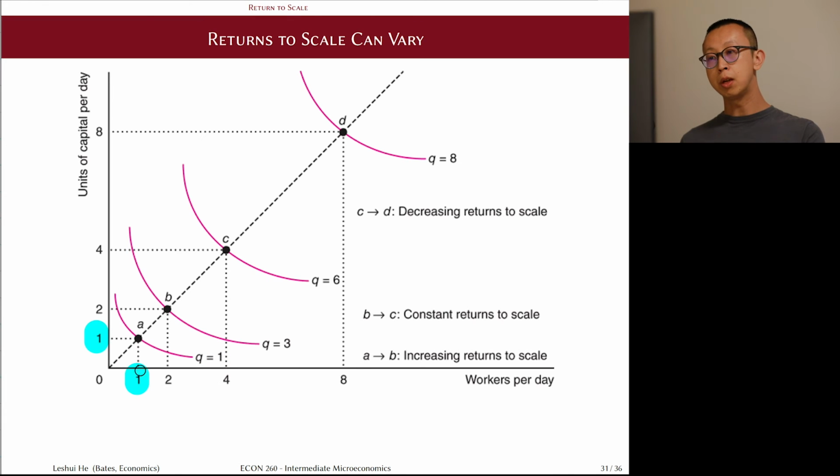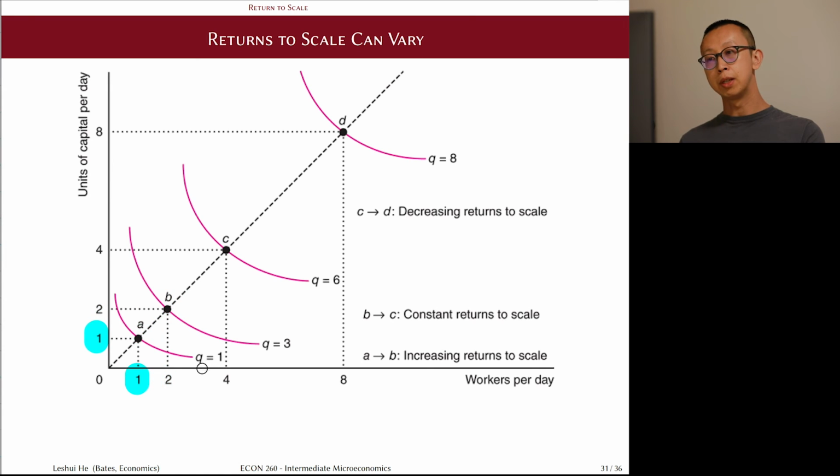Now, when we double the inputs to 2 and 2, the output level more than doubled and went from 1 to 3. In other words, when we move from point A to point B, we actually have increasing return to scale.